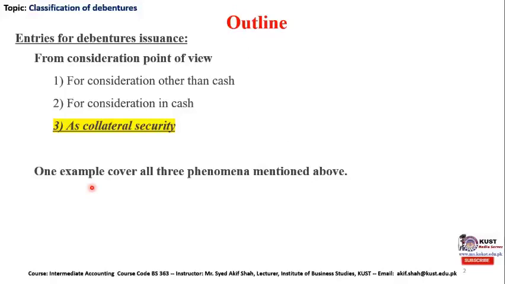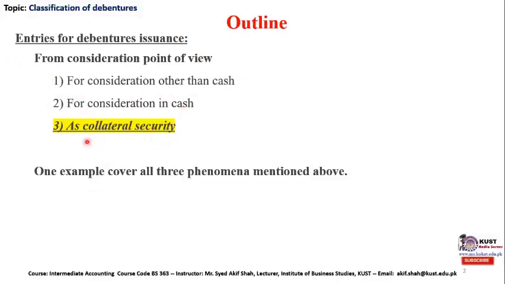The outline of this lecture comprises the entries for debenture issuance, under which we have already discussed, from the consideration point of view, the first two agenda points, which were consideration other than cash and consideration in cash.